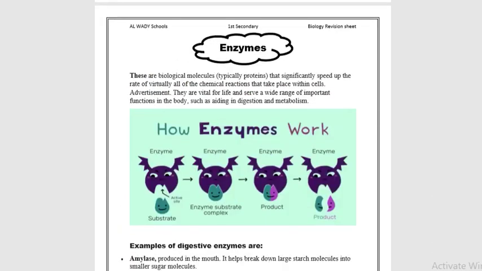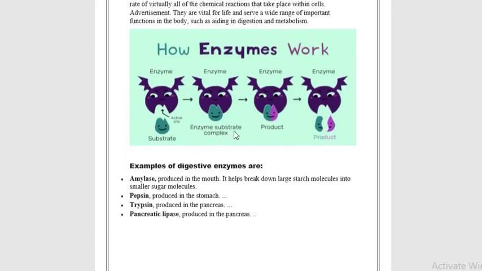Now we were talking about enzymes. An enzyme is typically a protein, formed from protein. It is very, very important for many vital processes, or facilitates many reactions in your body. How does an enzyme work? Enzymes work as we show here in this diagram.